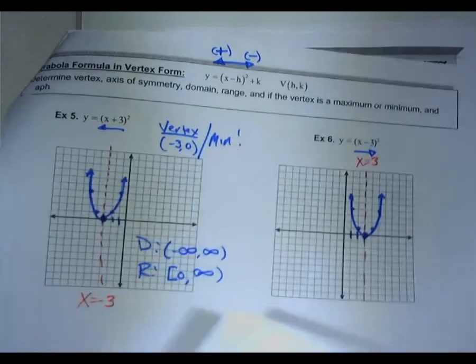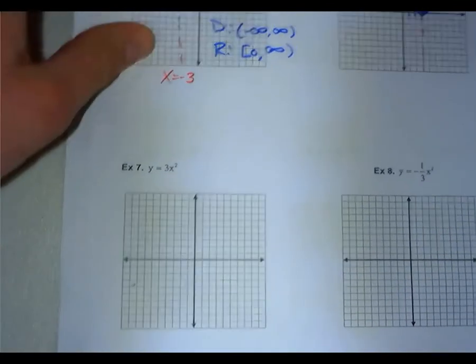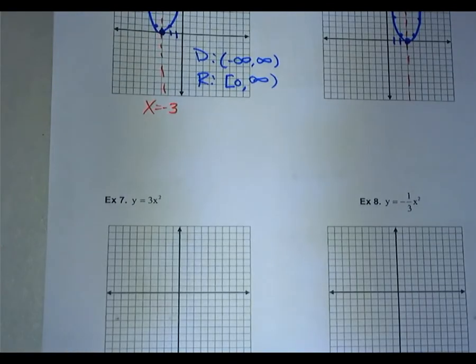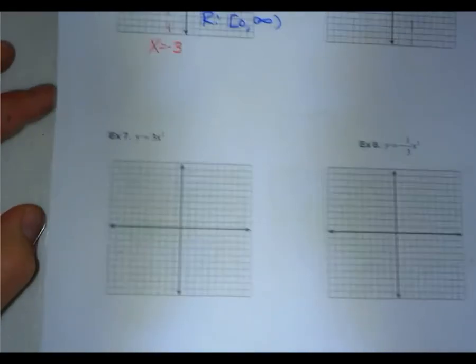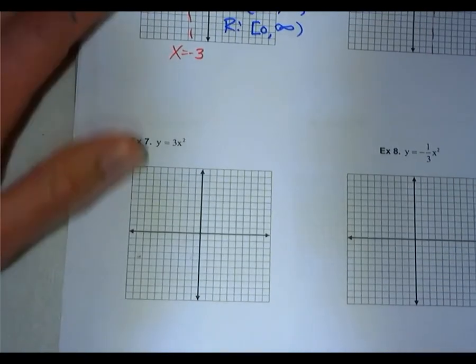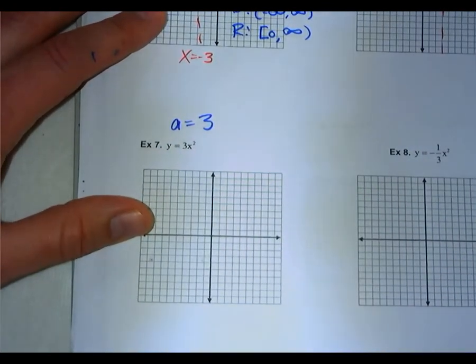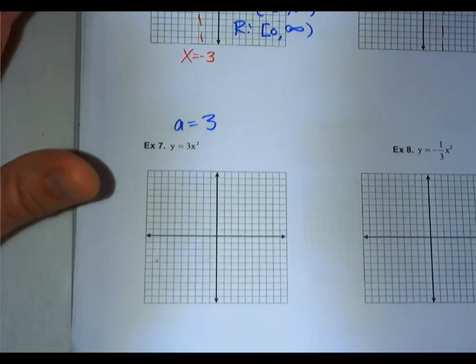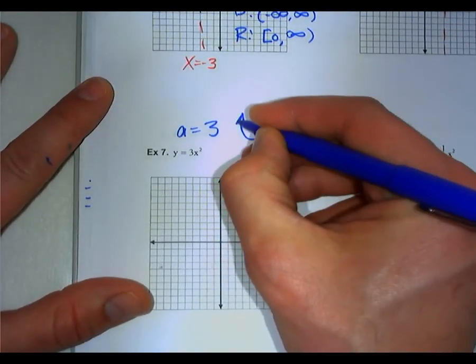All right. So last thing we need to do is talk about this guy right here, number 7 and 8. You guys good with 5 and 6 today? 7 and 8. Now we have this a value. This time we've got a is 3. That's a positive, so if it's positive, then smiley face.